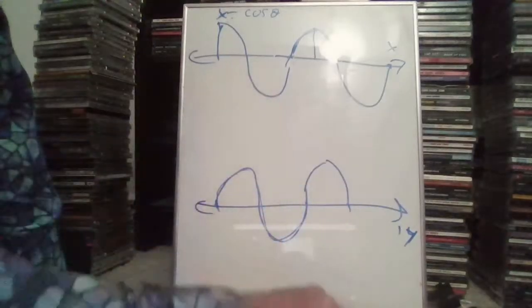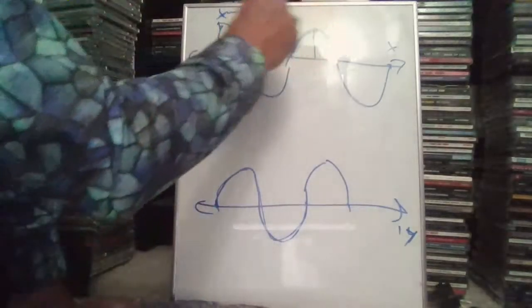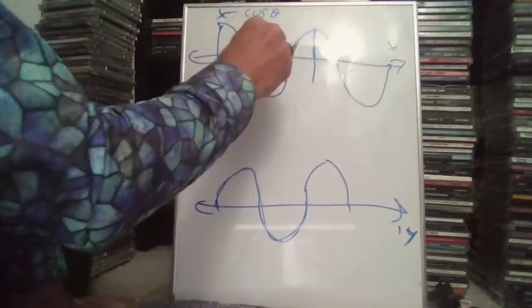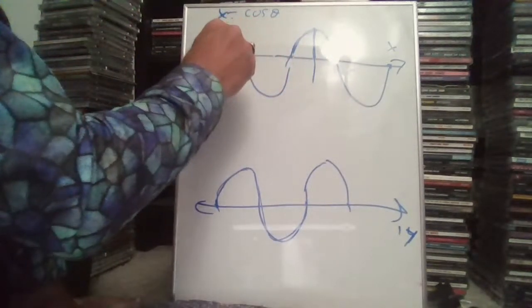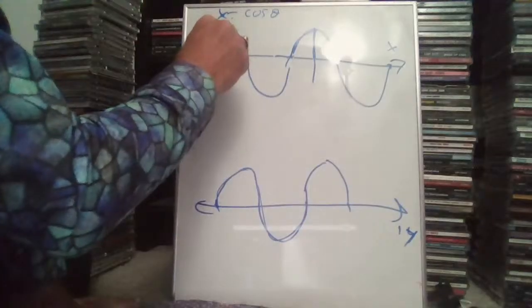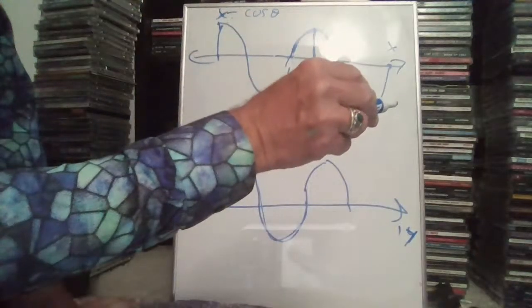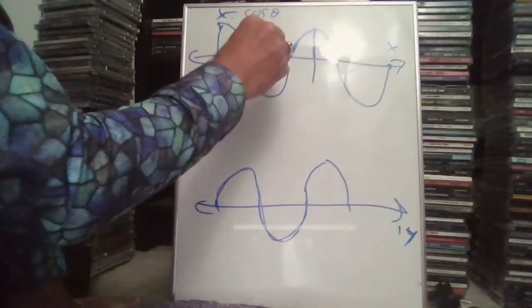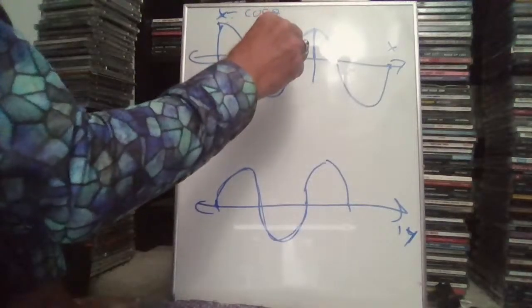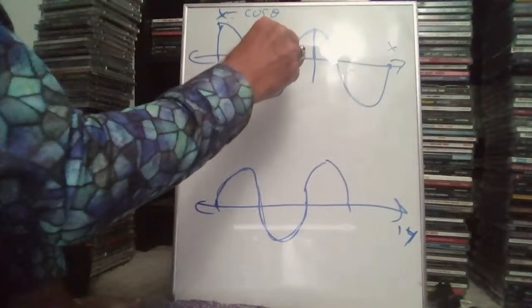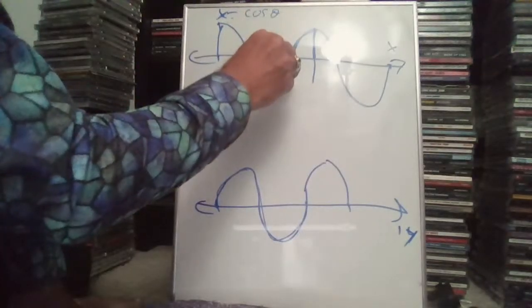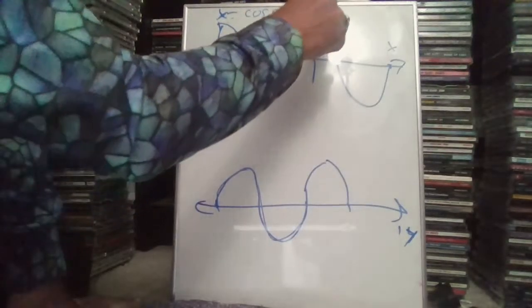So this would be theta equals 0, and then theta equals pi over 2, theta equals pi, theta equals 3 pi over 2, and then theta equals 2 pi, which is also 0.